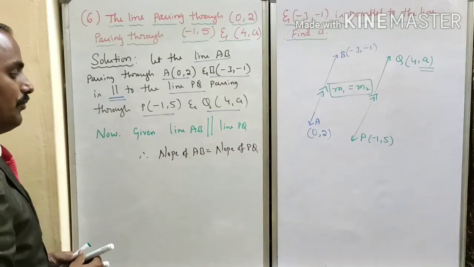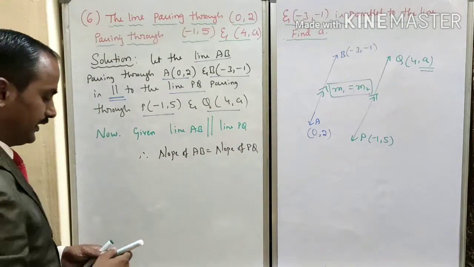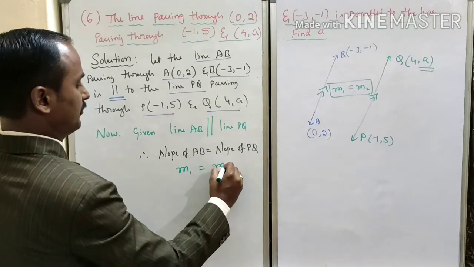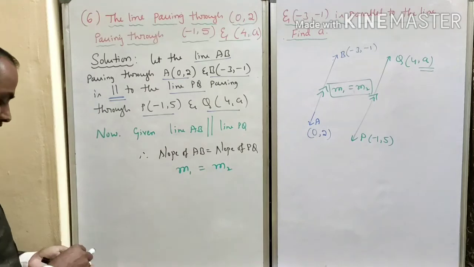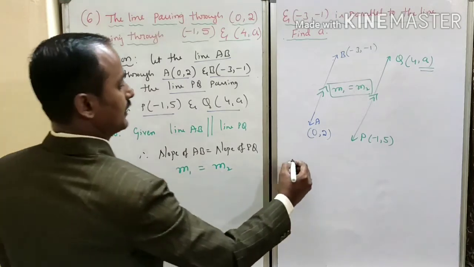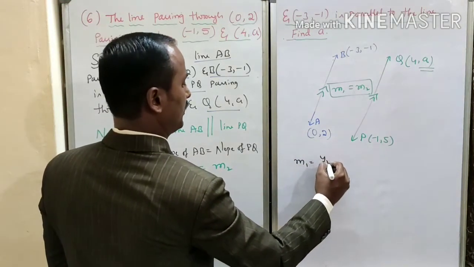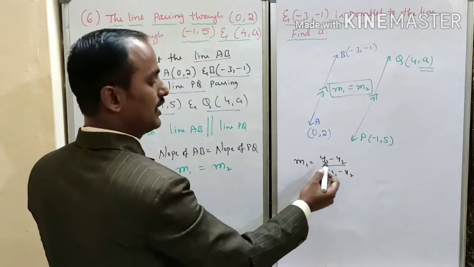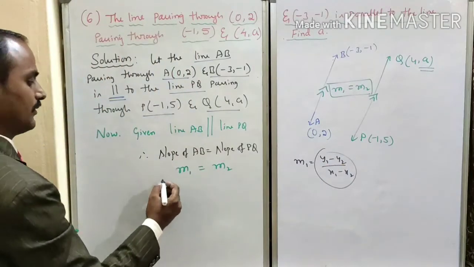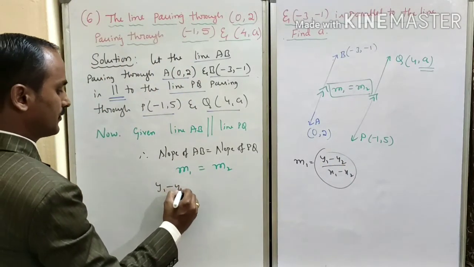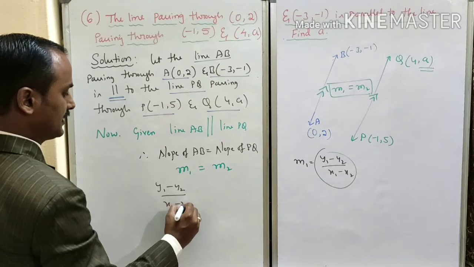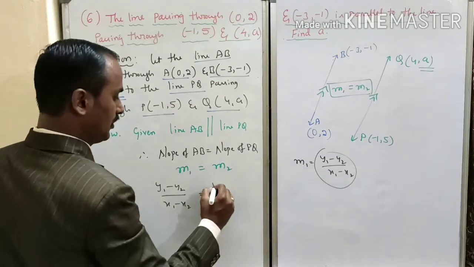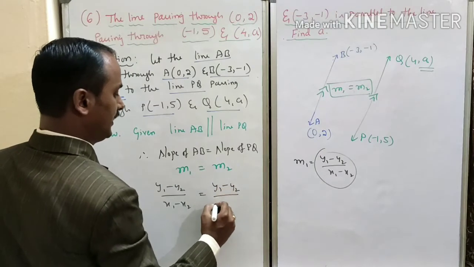The slope of AB, I am considering as M1, is equal to M2. M1 is equal to (y1 minus y2) divided by (x1 minus x2). The same formula applies for M2: (y1 minus y2) divided by (x1 minus x2).